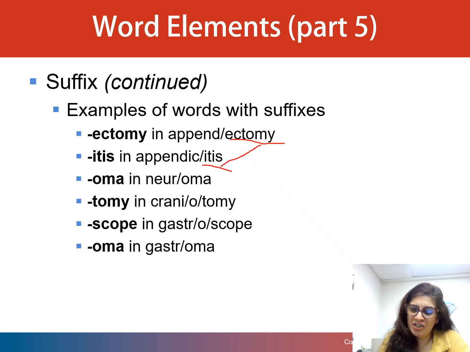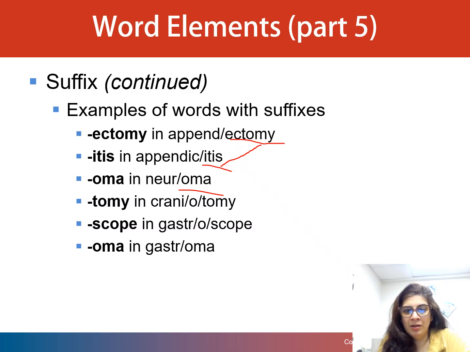The suffix, how it changed the meaning. Ectomy is removal of appendix, and itis is inflammation of appendix. Oma is tumor, and again, craniotomy would be the removal of cranium or partial opening of cranium. Gastroscope would be a diagnostic procedure where they put a camera in and then they visualize the stomach.